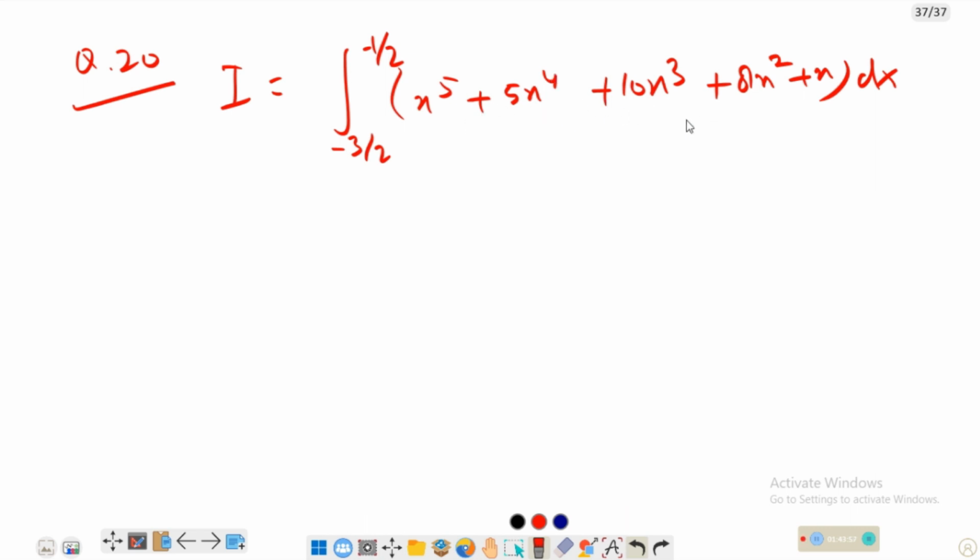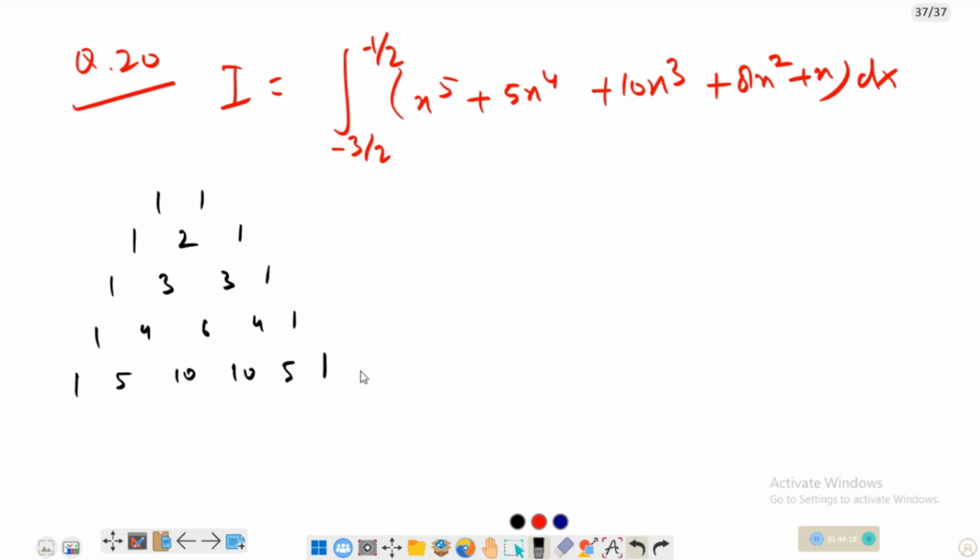We observe it via Pascal's triangle. What is our Pascal triangle? 1; 1 1; 1 2 1; 1 3 3 1; 1 4 6 4 1; 1 5 10 10 5 1.